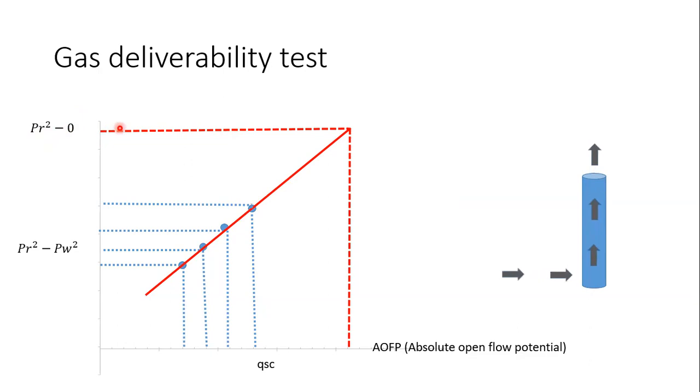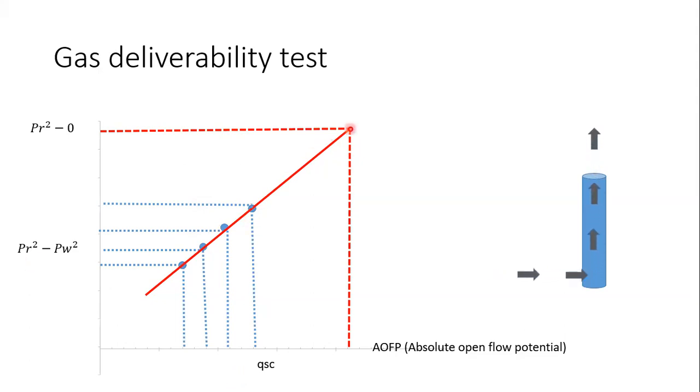So you project a line from the y-axis so that both lines intersect. We need the intersection point of the projected line from the y-axis and the extension line from the points we plotted on the graph between QSC and PR square minus PWF square.